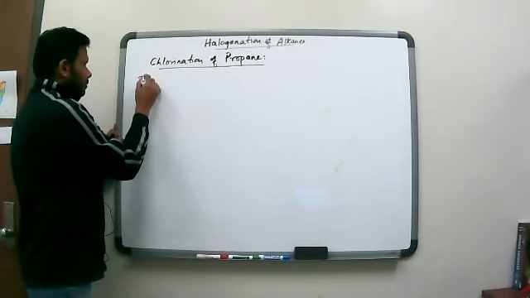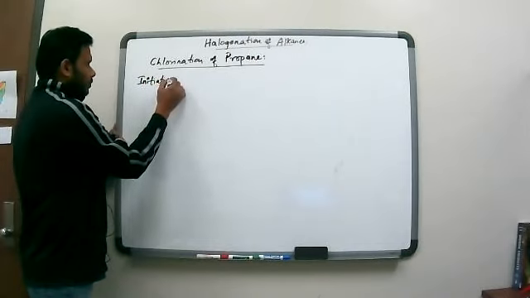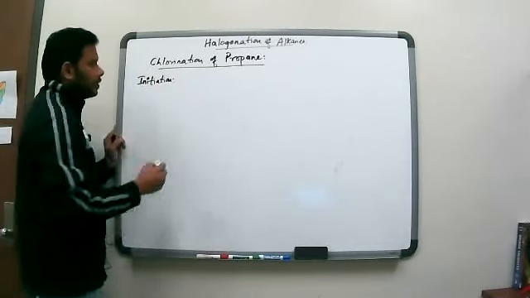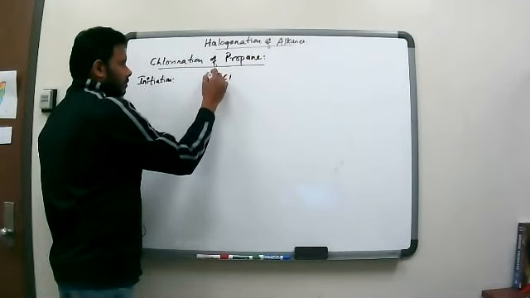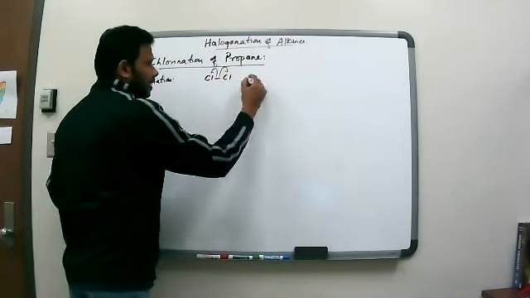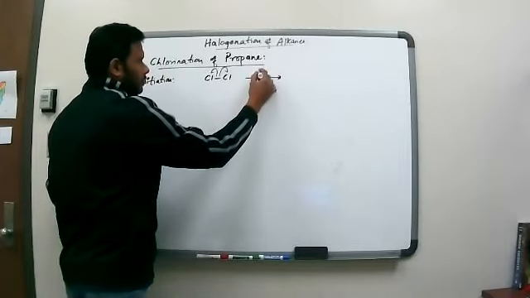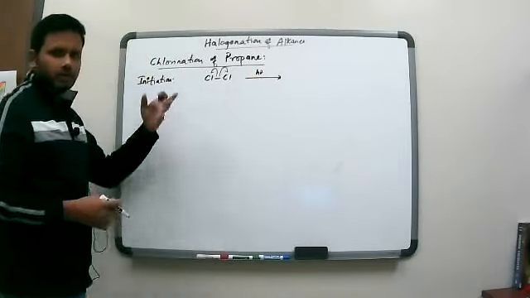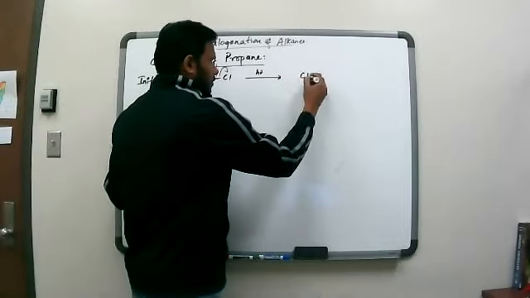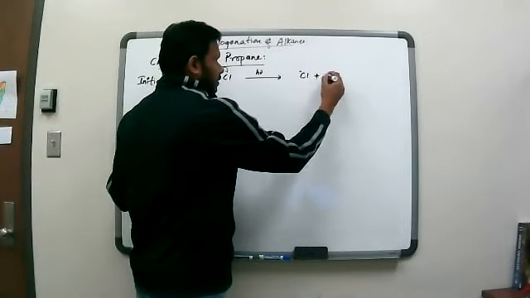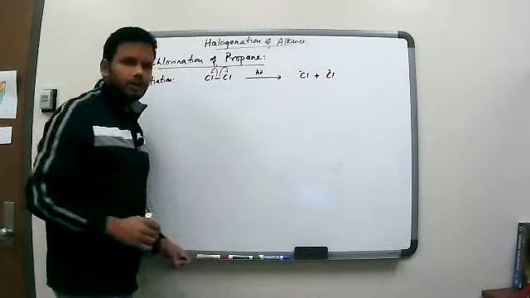So the first step is initiation. If you're doing chlorination, then this step is where the chlorine fragments with input of energy to give us the chlorine radicals.